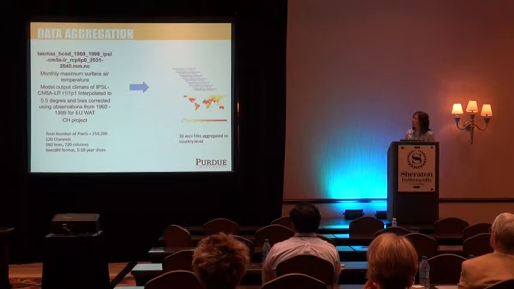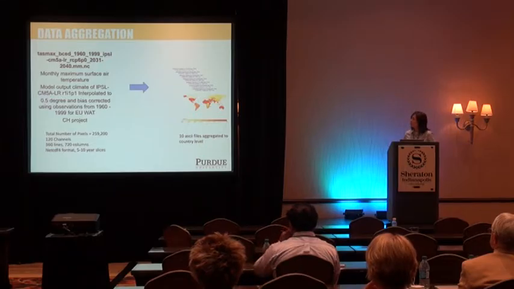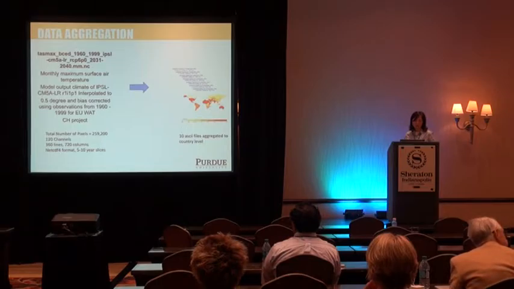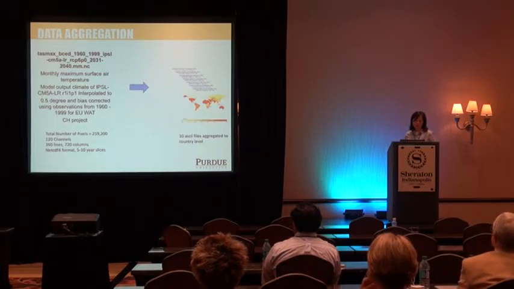And these slides give you an example of what kind of data aggregation is done by the tool. So on the left-hand side, it's a NetCDF file downloaded from the remote repository, and it has monthly maximum surface air temperature data from 2031 to 2040.